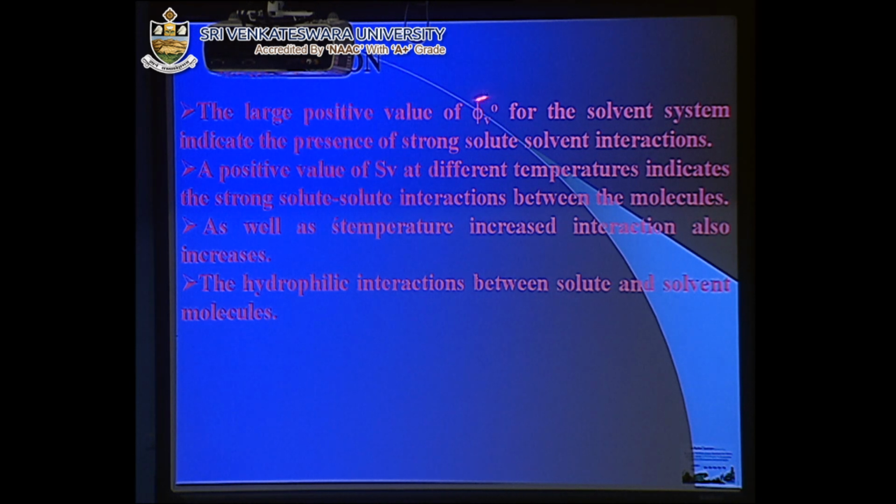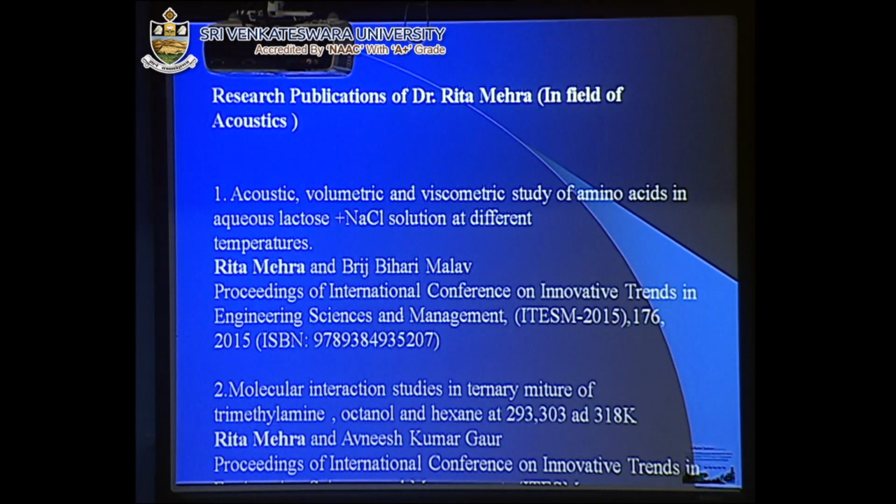A positive value of Sv indicates strong solute-solute interactions, and the hydrophilic interactions between solute and solvent are also reflected. This all goes to say that these components are leading to structure making properties, and wherever we have dispersion forces, they have structure breaking properties.